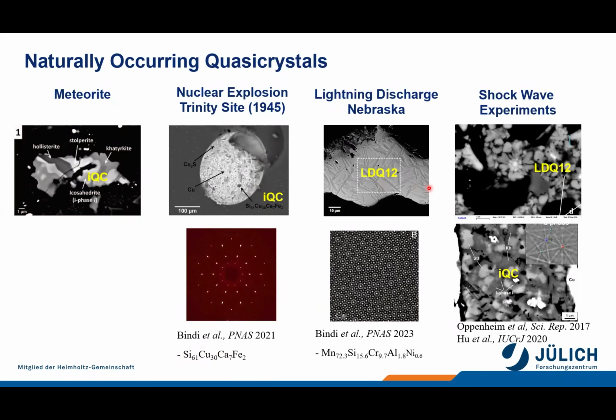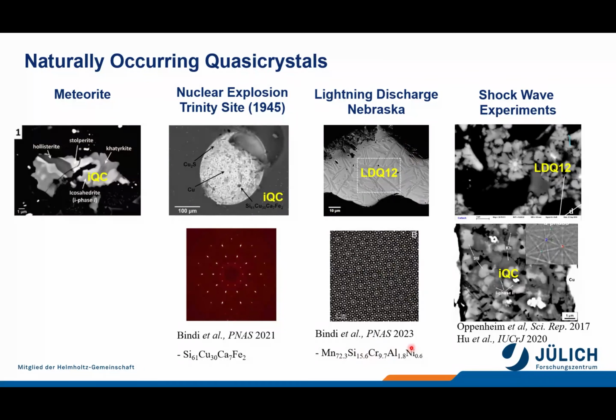And one must admire those guys. They went to Nebraska. There was a sand dune where, during a lightning strike, there was a discharge, the power line was coming down, and they were looking for these minerals in sand. And they again found, in this case, the dodecagonal, this is the low density Q12 phase of a manganese silicon alloy. So this is absolutely remarkable.